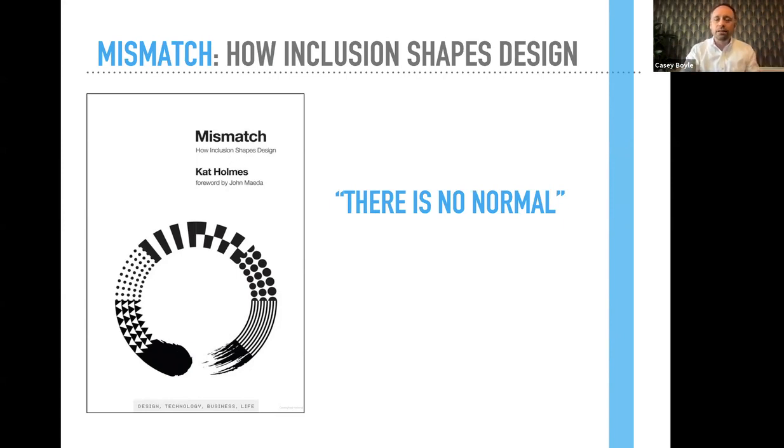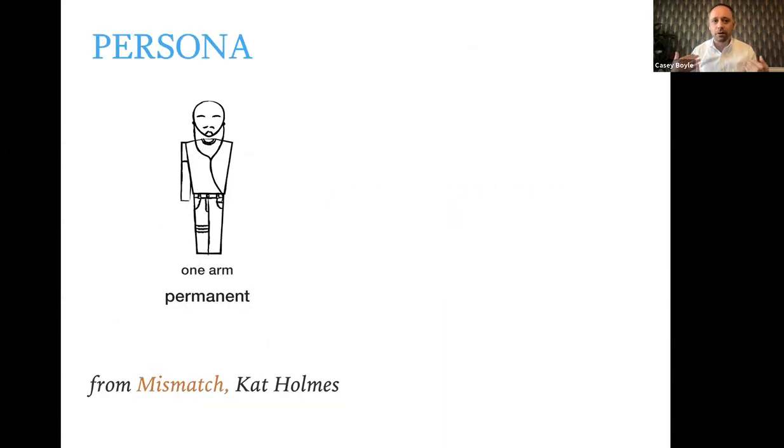And one of the ways that designers and writers have thought to respond to that problem of imposing this normal is to start thinking about personas when they design for people. And so they'll think of someone, for instance, with one arm as a permanent disability. And even though they're trying to create an equitable and accessible environment, they're still, in a way, imposing this medical model.